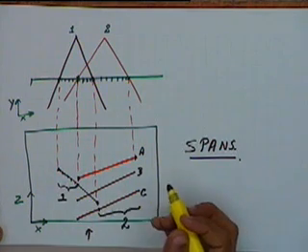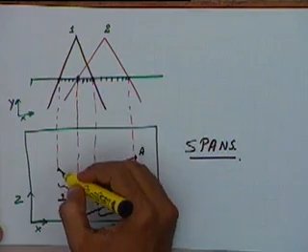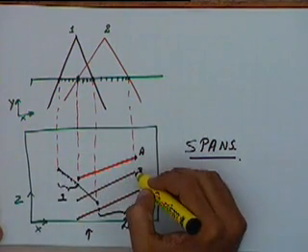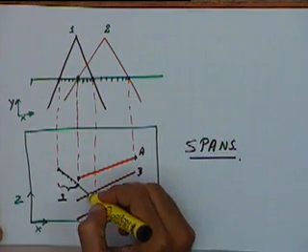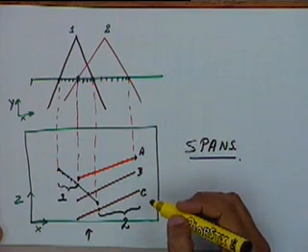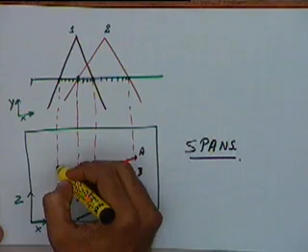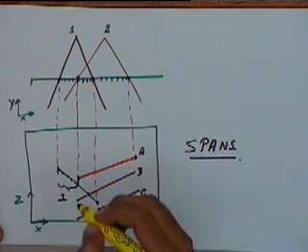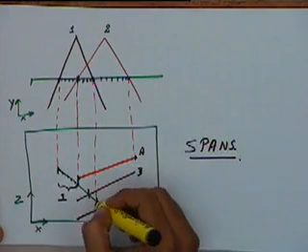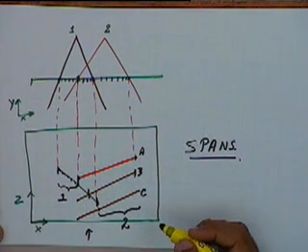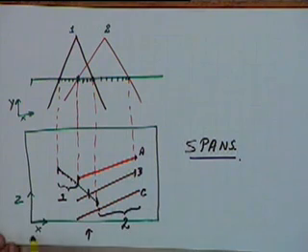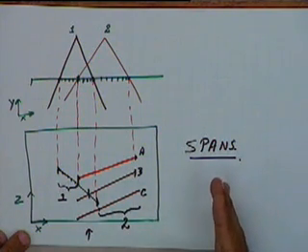Plus, wherever I have any two lines intersecting, I will have another span ending over there. So in this case, we will have a span ending here, here, here, and here. Now span is essentially dividing this x axis into a number of regions.